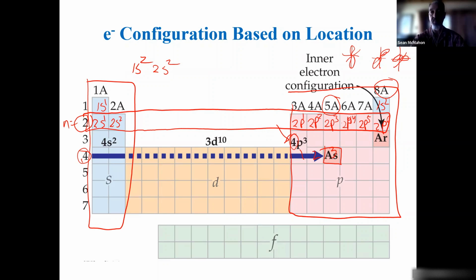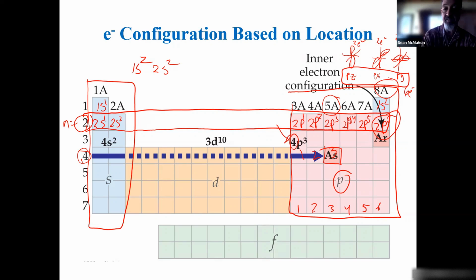Each orbital can have 2 electrons, making the P sublevel have 6 electrons. But we don't even need to memorize anything. I can just count. There's 1, 2, 3, 4, 5, 6 positions in the P block. So that means 6 electrons go in there. So that's why the noble gases are happy, because they have a 2p6.